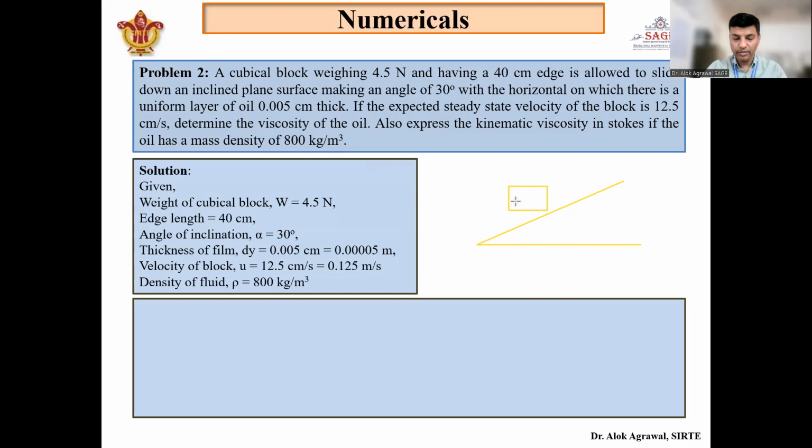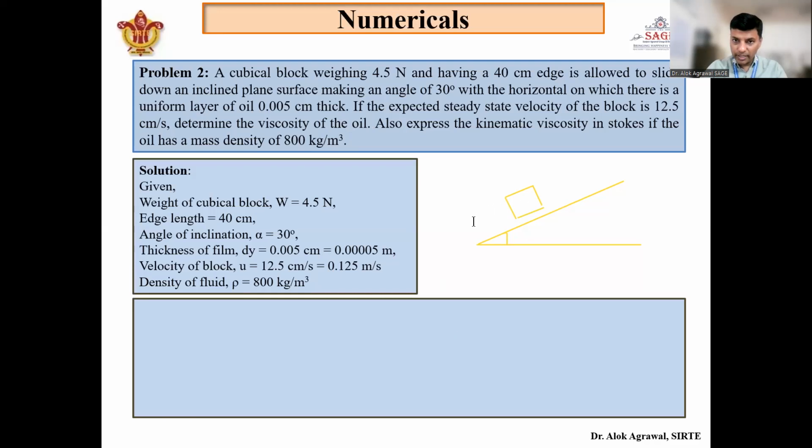This is not inclined, but when we make it, it will be like this. So let us make it like this. There is a cubical block, and this is the inclined plane. This inclined plane is making angle 30 degree. Yeah, this angle is 30 degree.